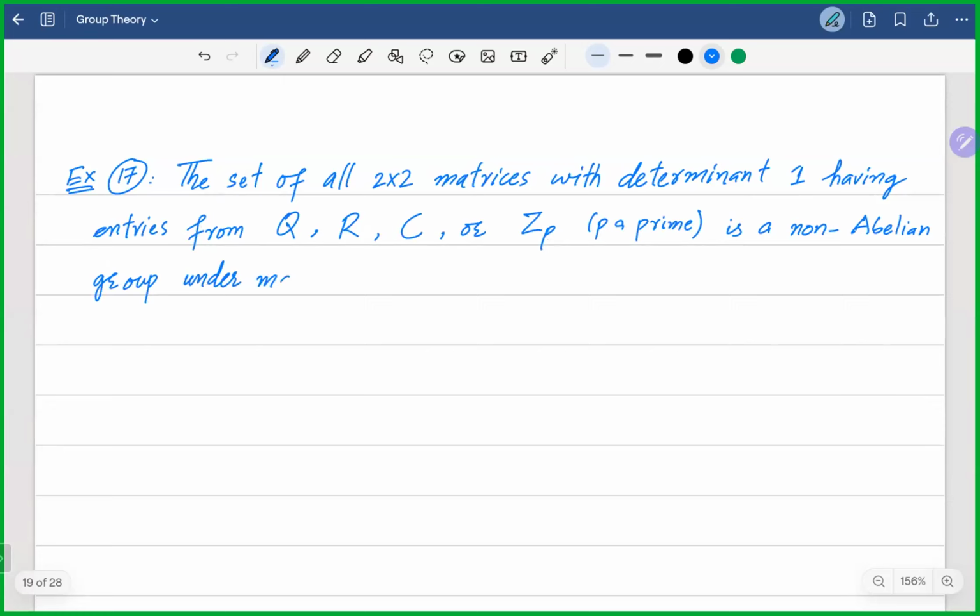Remember, matrix multiplication. Okay, and this is called the special linear group.